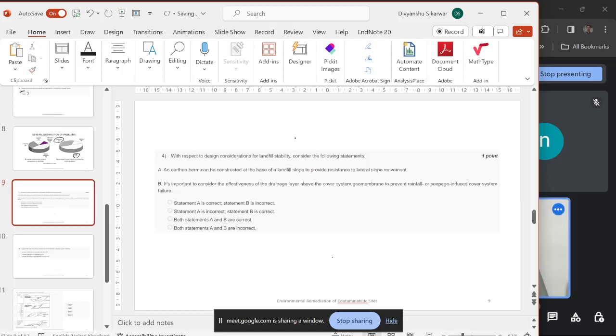This is the next question. With respect to design consideration of landfill stability, consider the following statements. An earthen berm can be constructed at the base of a landfill slope to provide resistance to lateral slope movement.